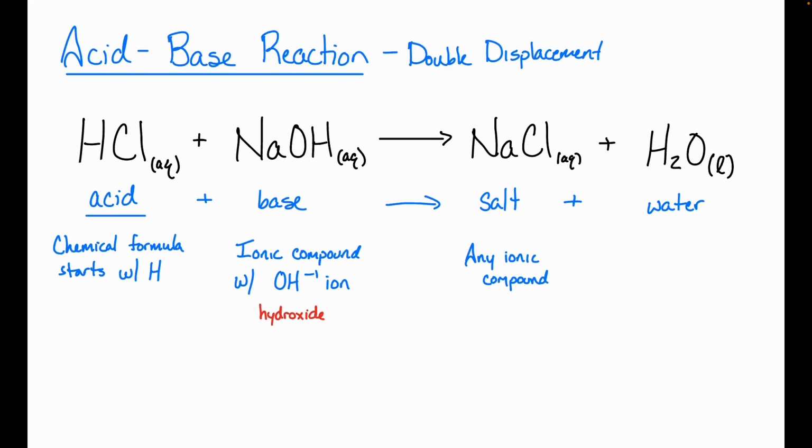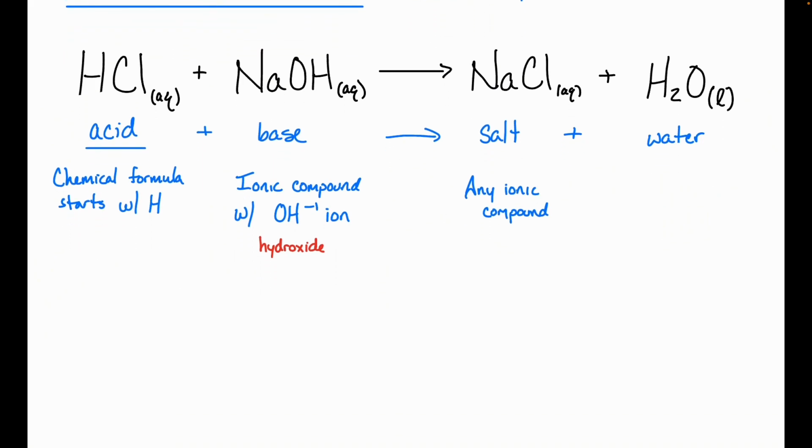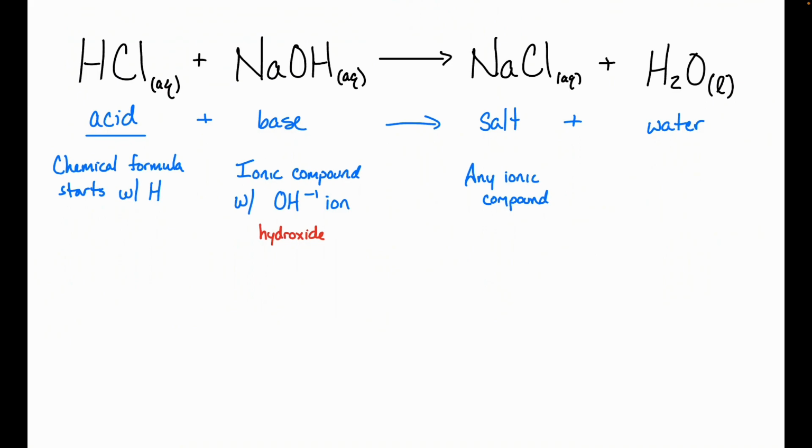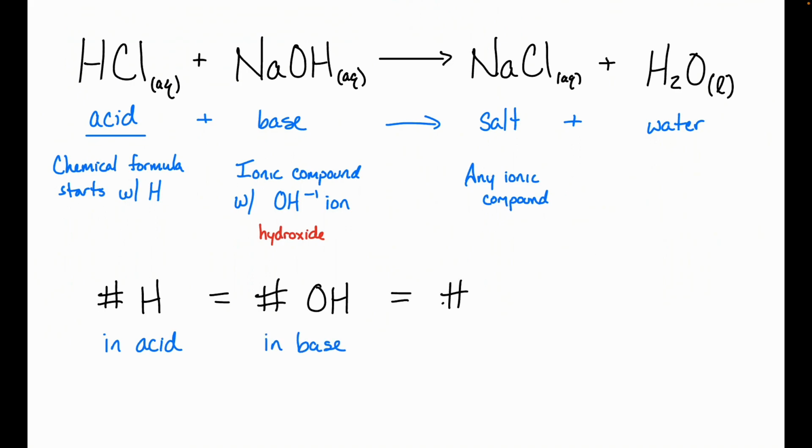But one of the ways that we can make these a little bit easier to balance is just to note that in these chemical reactions, when they're all balanced, the number of hydrogens in my acid are going to be equal to the number of hydroxides in my base, are going to be equal to the number of water molecules on the product side.